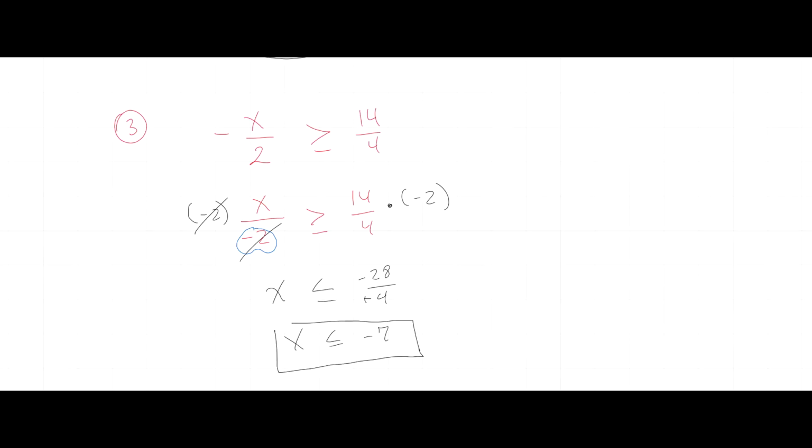Now, if we want to graph this, we're going to create our number line over here. And then let's say that the number -7 is here. Okay. So less than or equal, let's go all the way to your left.